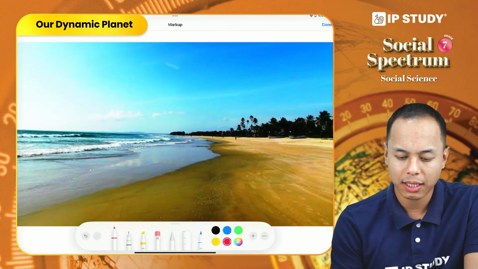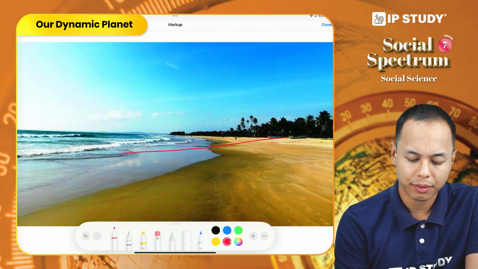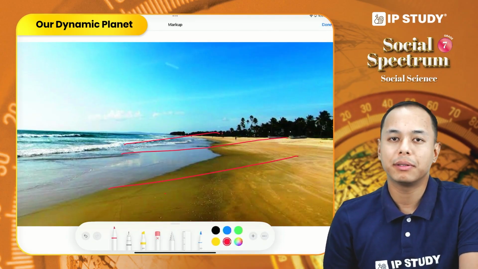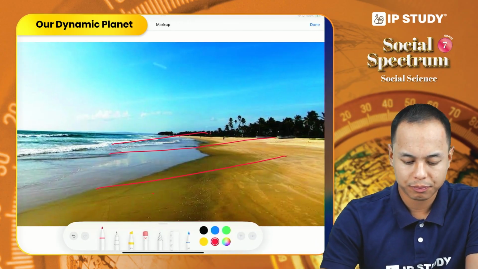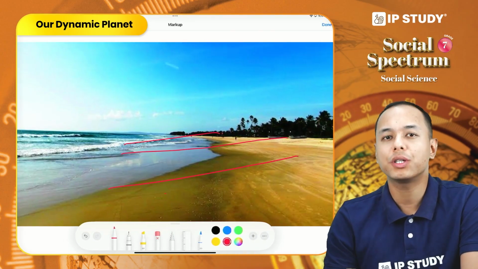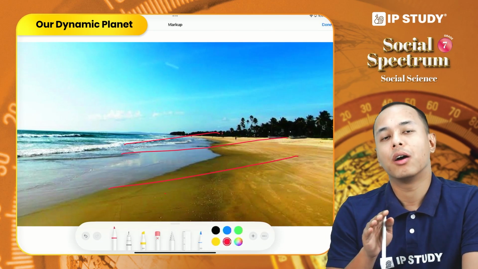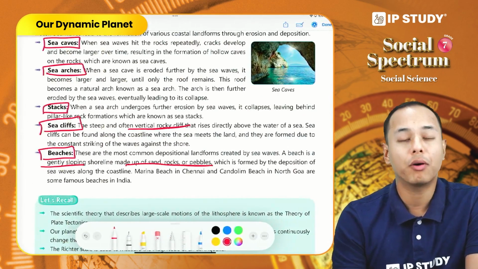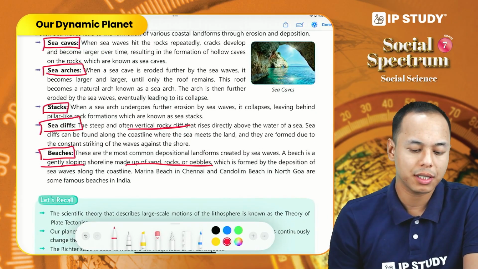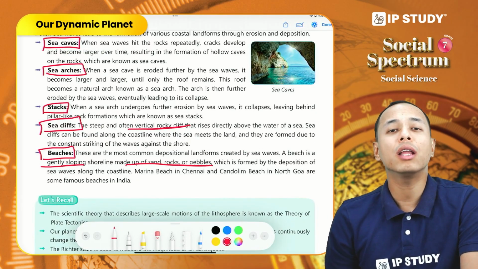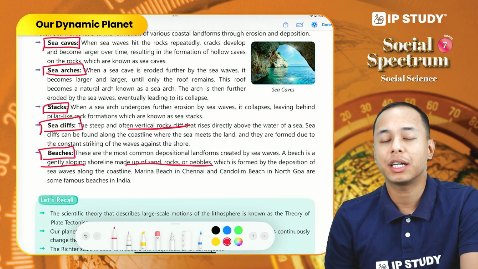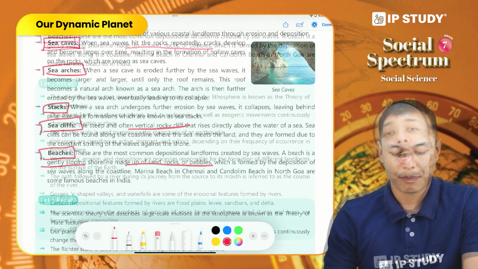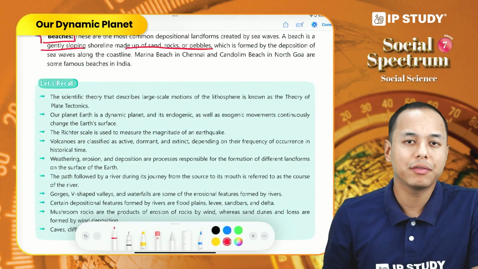We can see gently sloping here. Before this, we studied erosional landforms like sea caves, sea arcs, stacks. These are all erosional landforms created by sea waves. Beaches are depositional landforms. Now we have come to the end of the chapter.